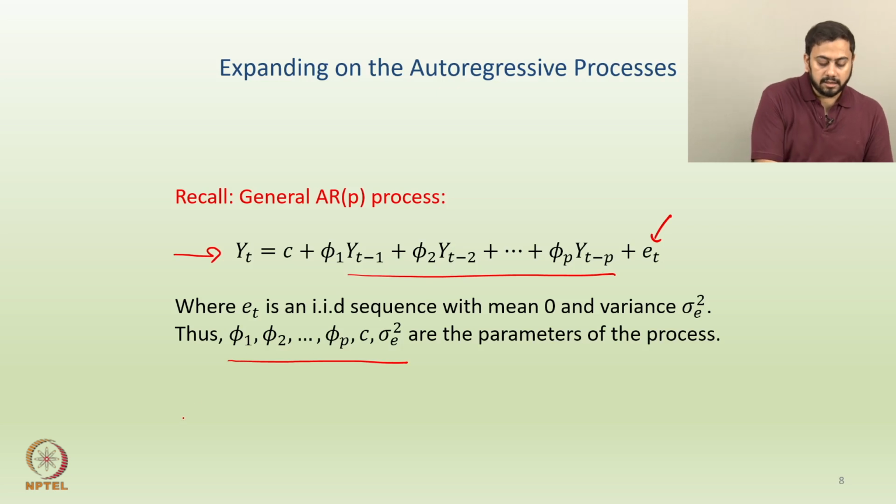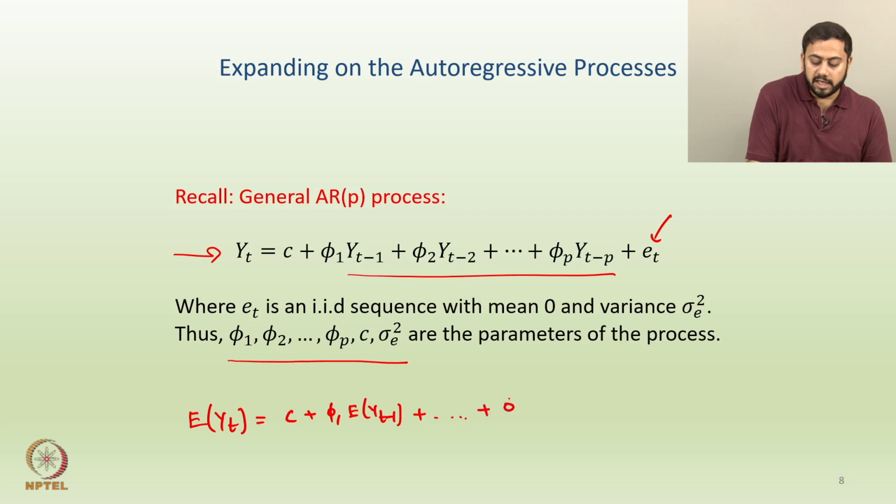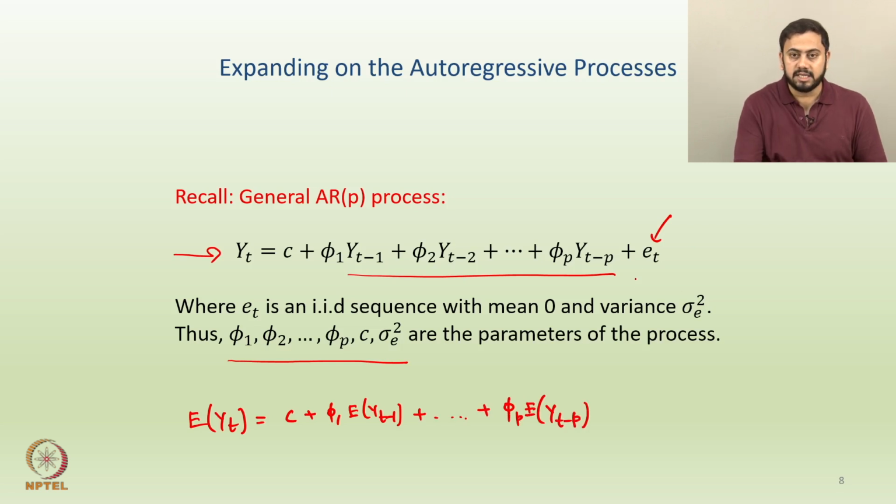Looking at this structure, if I take expectations on both sides, the expectation of yt is c, since c is a constant, plus phi 1 times the expectation of yt minus 1, and so on, plus the last term, phi p times the expectation of yt minus p, and the error term is 0 because the expectation of the error is 0. Hopefully this is clear. If you take expectations on both sides, this is exactly what we get.